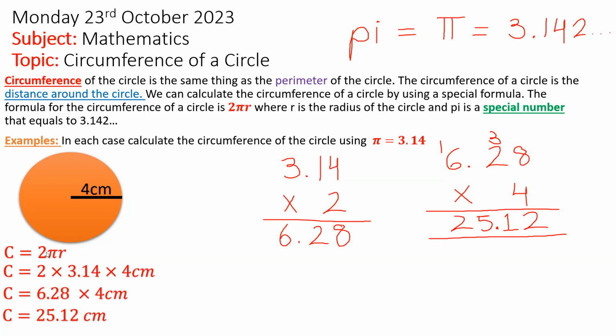No. Start from the top. Start from C. C equals 2 times pi times R. Oh, I can't start from there. That's why I was listening.